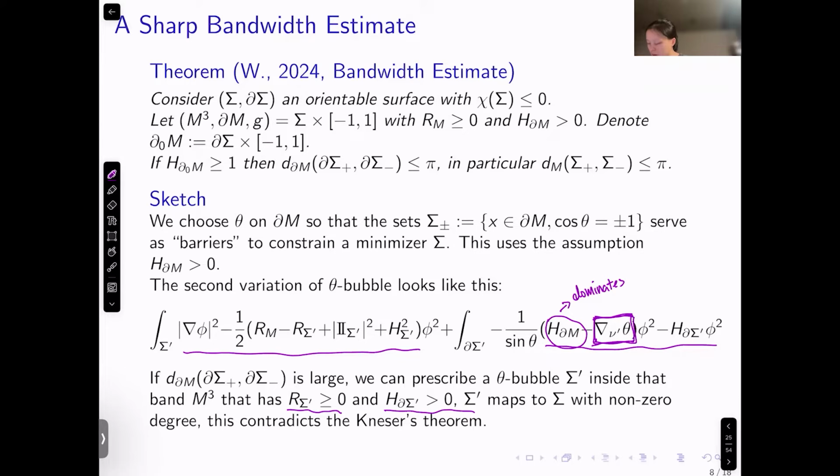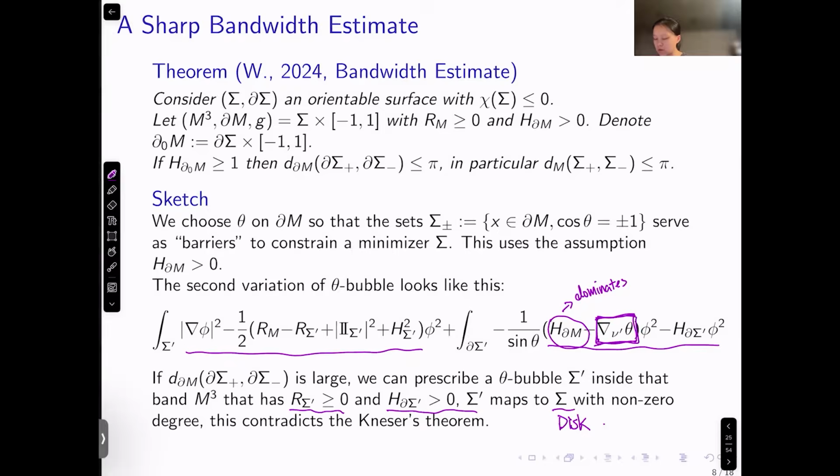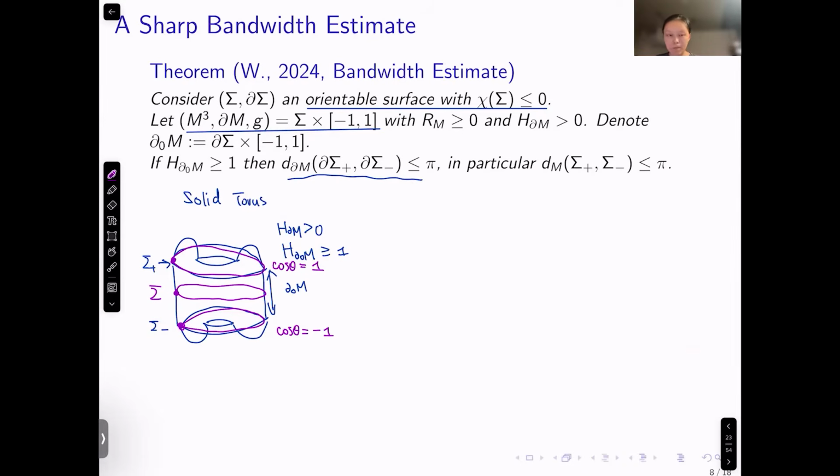And now this should tell me that sigma with these conditions has to be a disk. So the sigma I obtained between these two bands has to be a disk. But now it also maps to the bottom with a non-zero degree. And we know that the bottom is a surface with non-positive Euler characteristic.